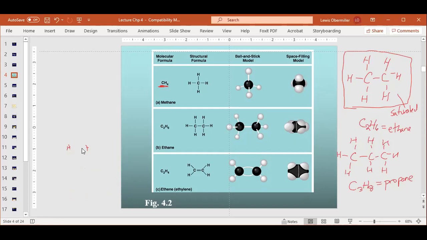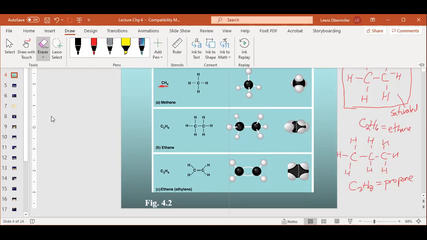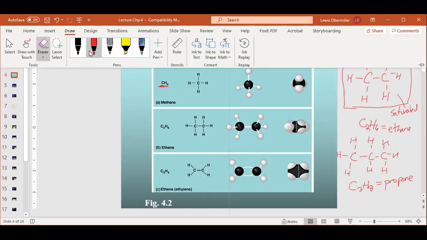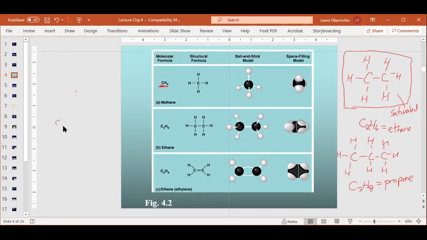Octane, yes, that's what I'm getting at. So what do you think octane looks like? Are there 8? Exactly. So octane, just like octopus has 8 legs, is 1, 2, 3, 4, 5, 6, 7, 8, and then we just fill it with as many hydrogens as can go on here. And I'm not going to do the whole thing, but this molecule is octane.